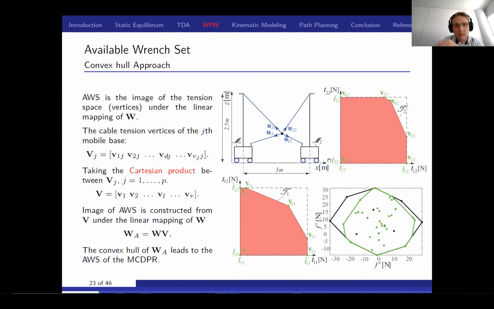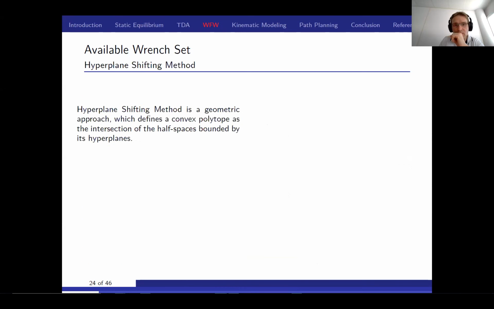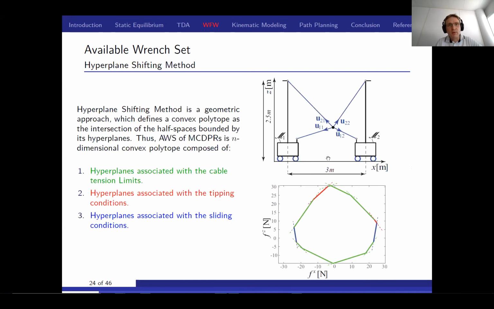This is quite easy to apply, but can be a bit time consuming and not very elegant. And we also used here the hyperplane shifting method in order to determine the hyperplanes associated with the cable tension limits, tipping conditions, and sliding conditions of the mobile bases for the determination of the available range set of the manipulator.